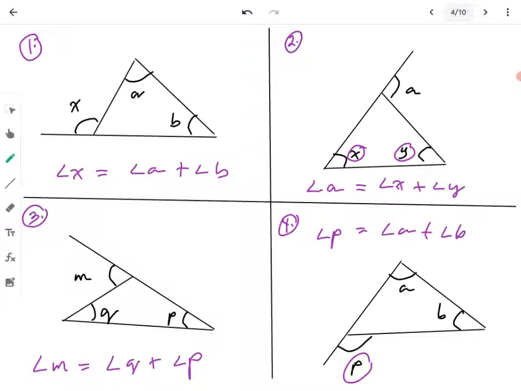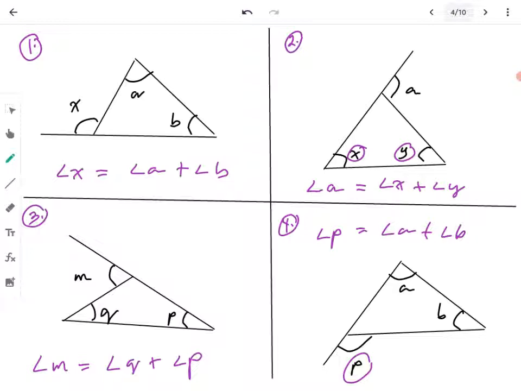So let us recap. What we showed here is that when the exterior angle of a triangle is located somewhere else in the triangle, we should be able to locate its opposite interior angles.